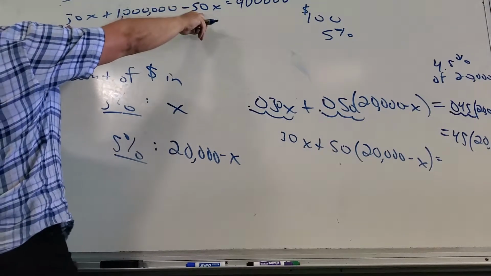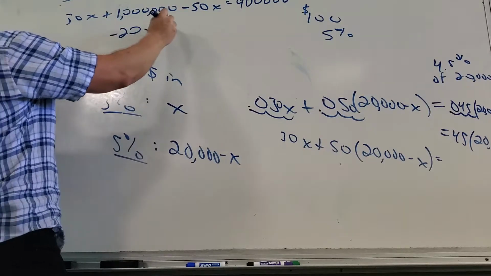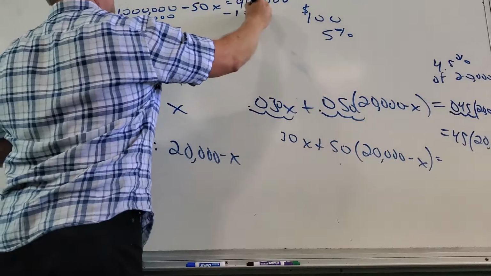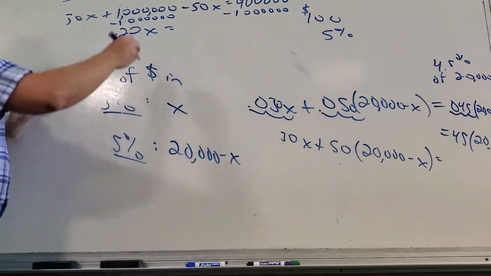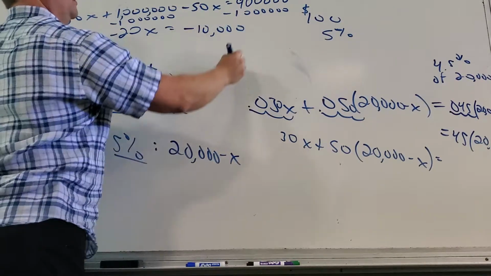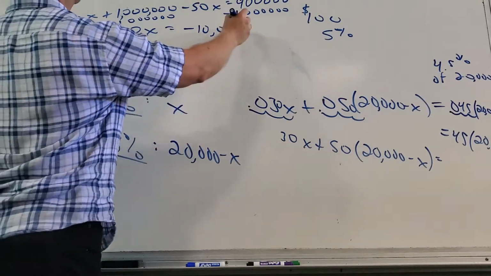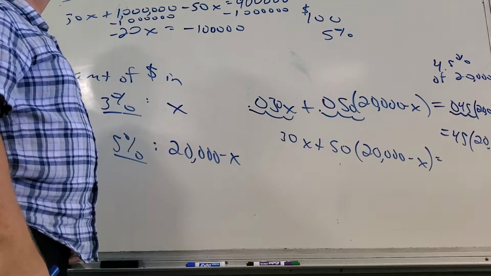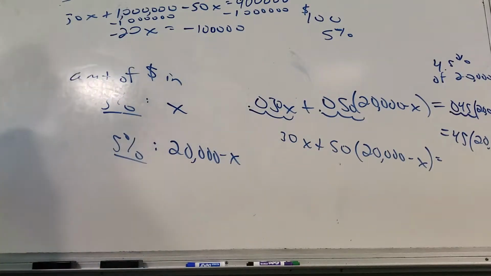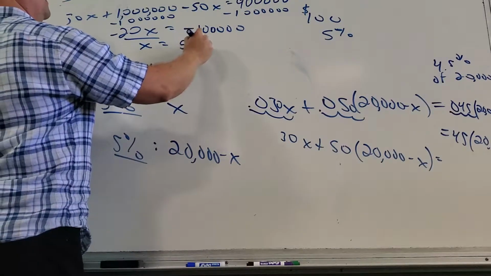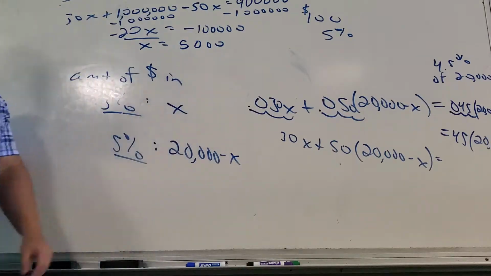So then I get negative 20x, subtract a million, and that equals negative 100,000. Yes. And divide by negative 20, and you get 5,000, which makes sense.